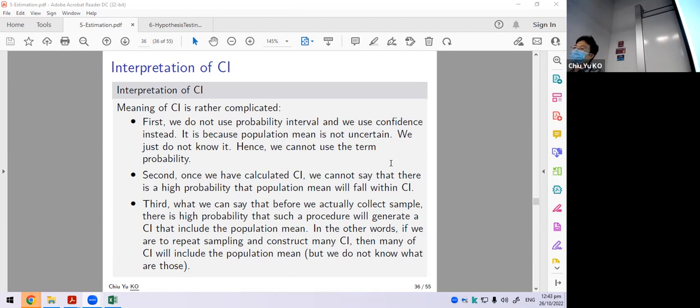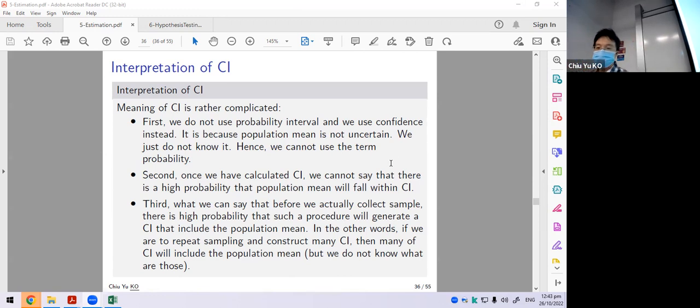So once I have calculated the interval, it's either in or not in. There's probability before you do it, and no probability after you're done. That's why we don't call it a probability interval.